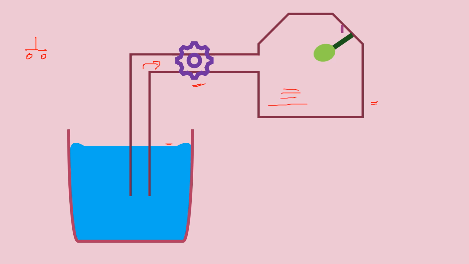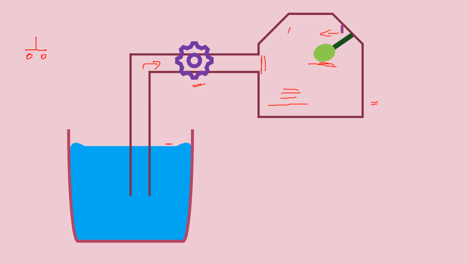As it fills the tank, we have a float valve. Normally a float valve will block the opening like this, but here we want it to act such that as soon as the water is rising, it should trigger a limit switch.